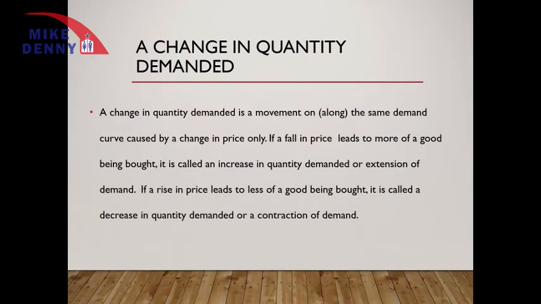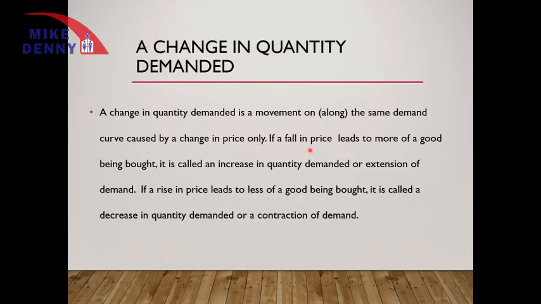So we go to examine a change in quantity demanded. A change in quantity demanded is a movement along the same demand curve caused by a change in price only.